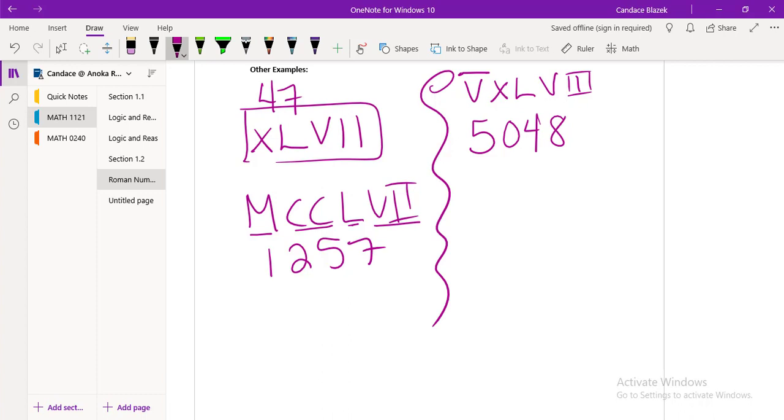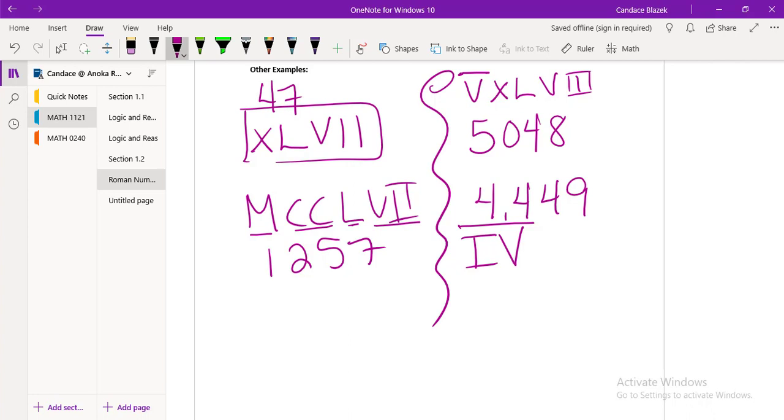And let's try one more number. Let's do this one: 4,449. Well, to do the 4,000, to make a 4, we have to put a 1 before a V. And then we put a line over it. That's 4,000.